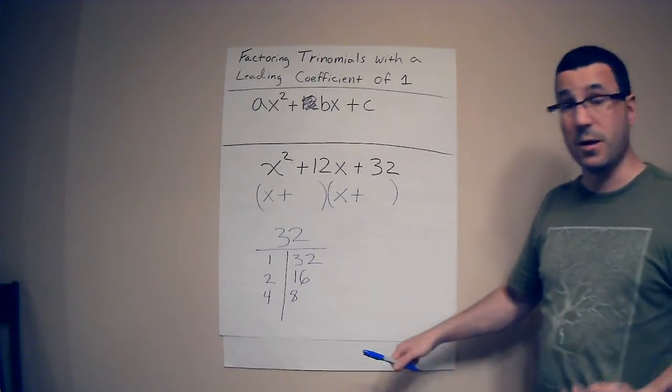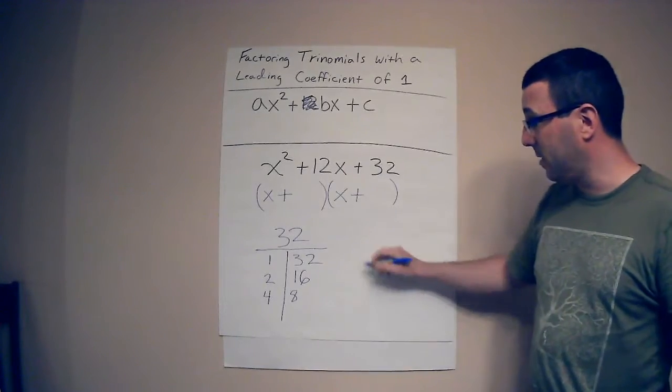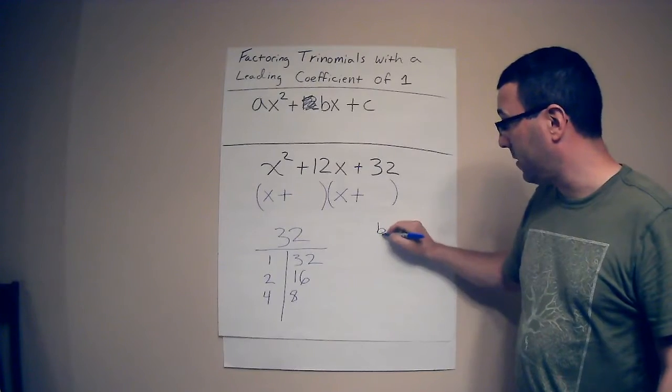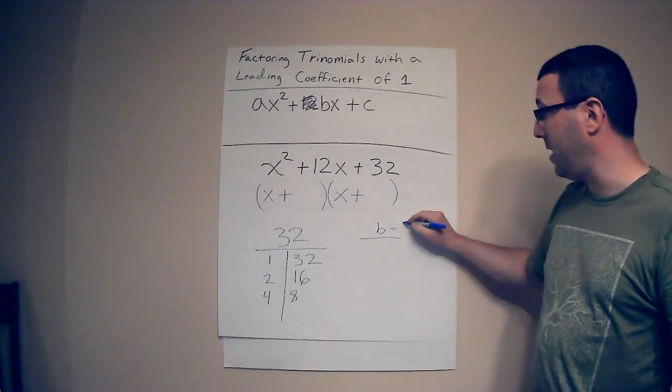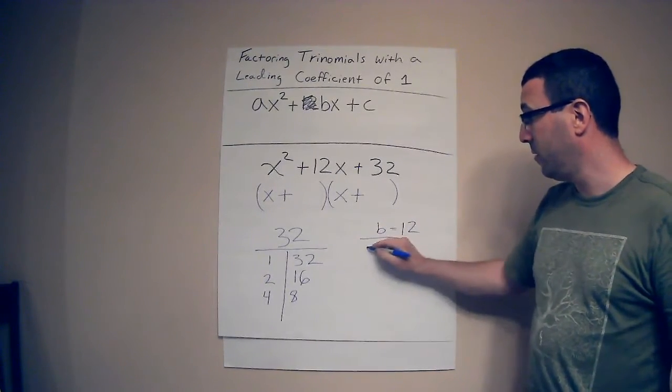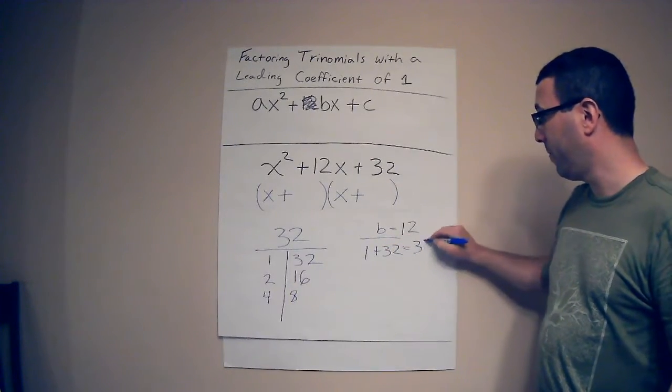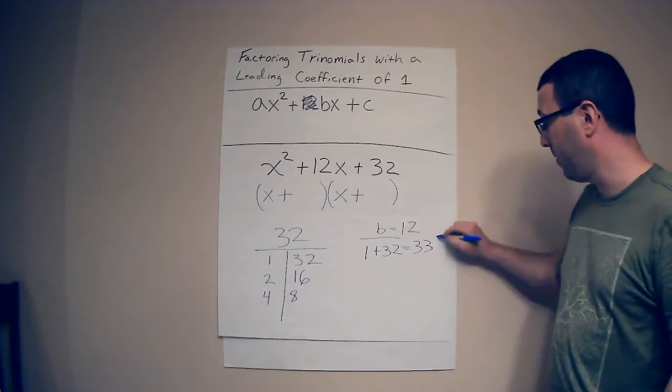So what I'm going to do is I'm going to take each of these and add them together, to find out what my B is. So B needs to equal 12. So 1 plus 32, that's 33.